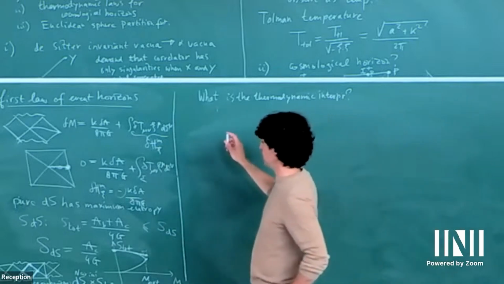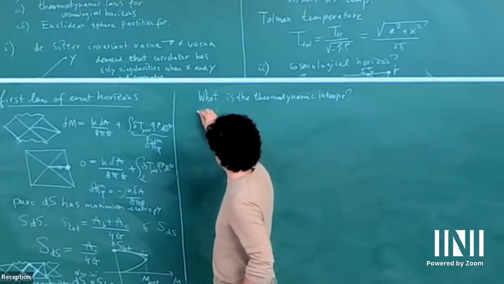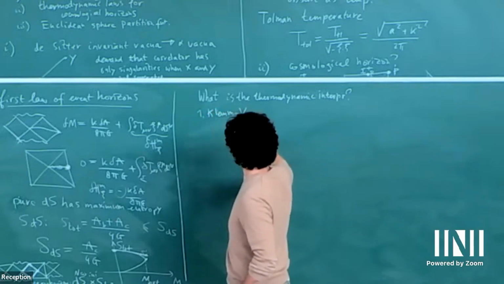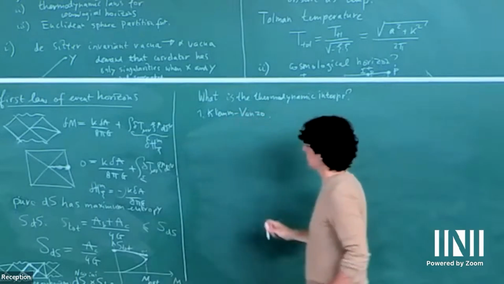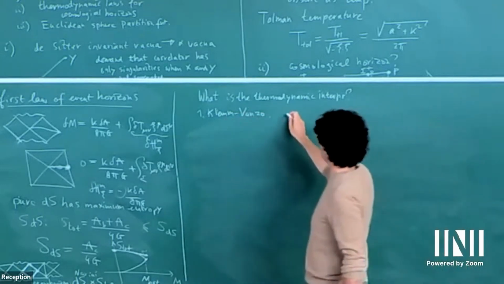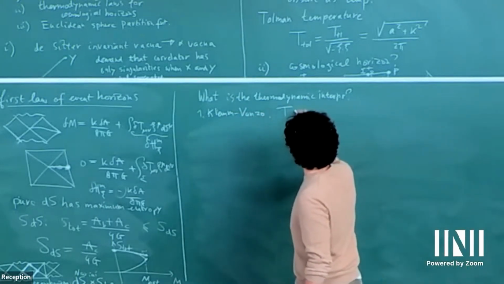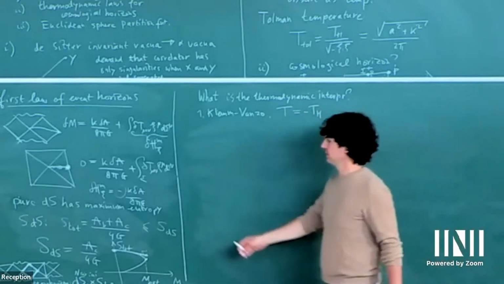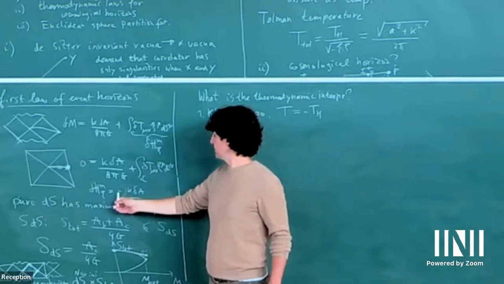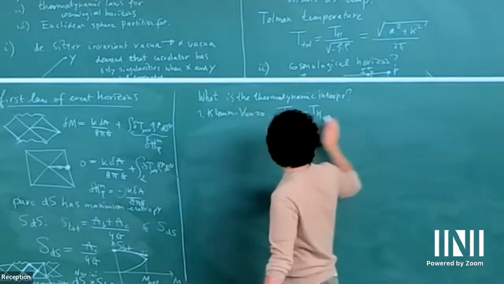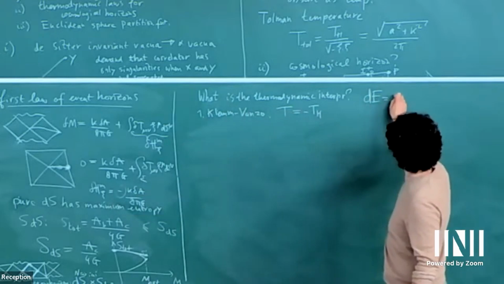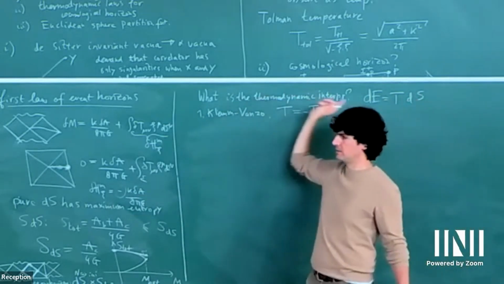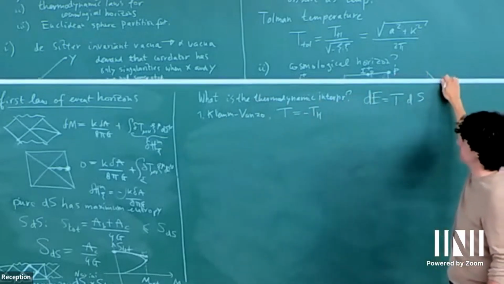There were two proposals in the literature, one by Mann and Visser, and they just stated that the temperature is negative, minus the Hawking temperature. So they just incorporated the minus sign in the temperature.